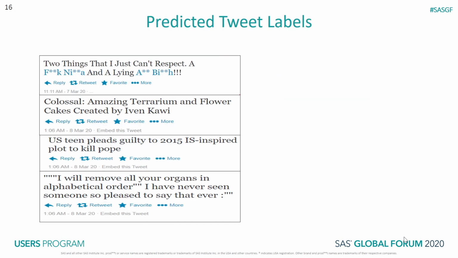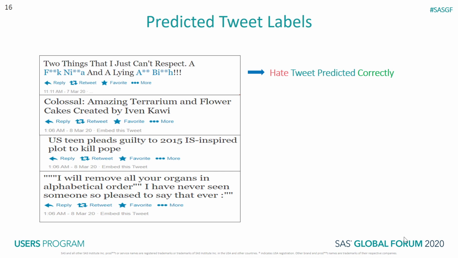Here are some examples of tweets that are model labeled. Just like any other classification model, our model has its share of true positives, true negatives, false positives, and false negatives. From these examples, let me explain how our model labels some of these tweets. The first tweet, as you can see, is clearly a hate tweet, and our model predicted this hate tweet as a hate tweet.